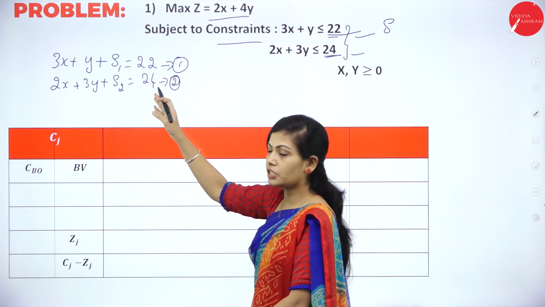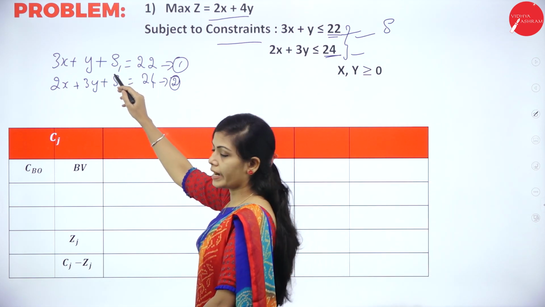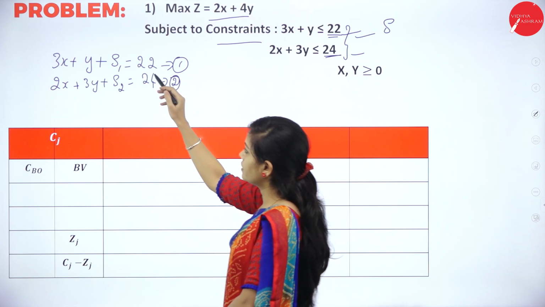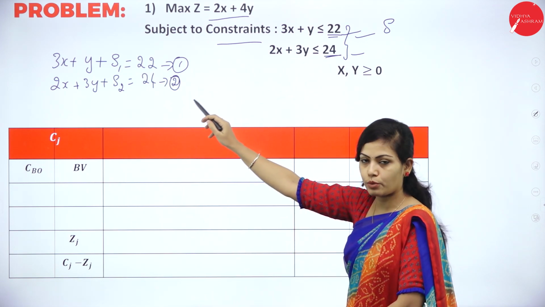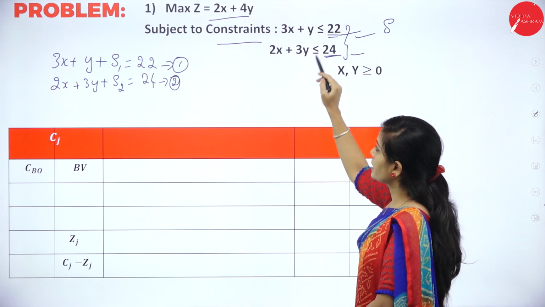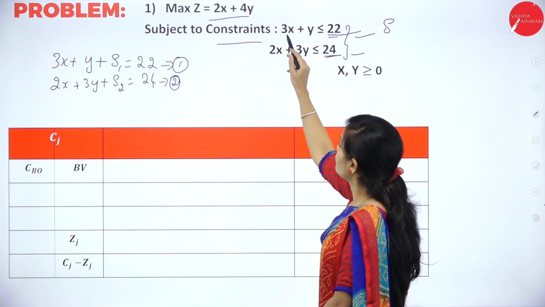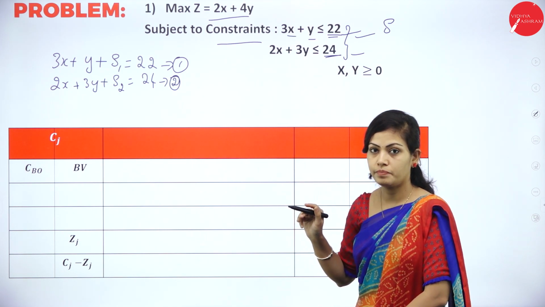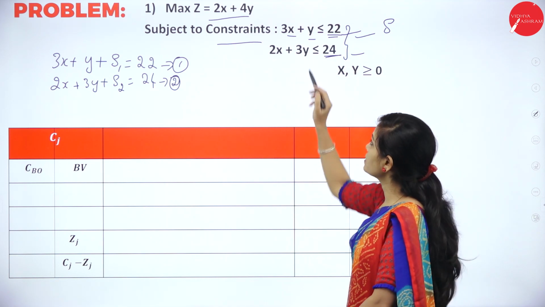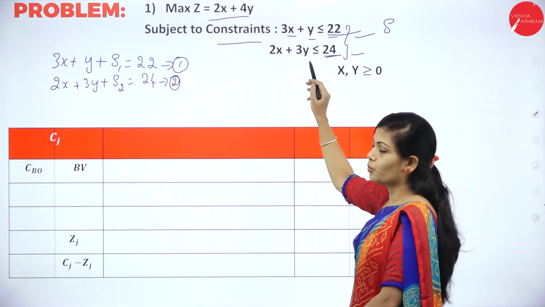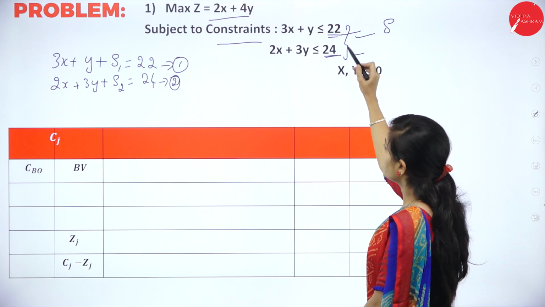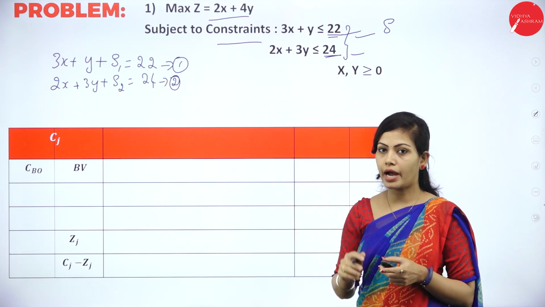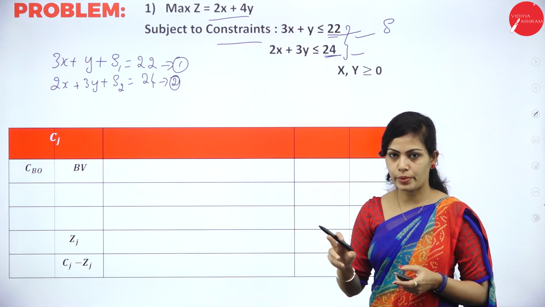I have added two slack variables because I have two constraints here, with two decision variables x and y.